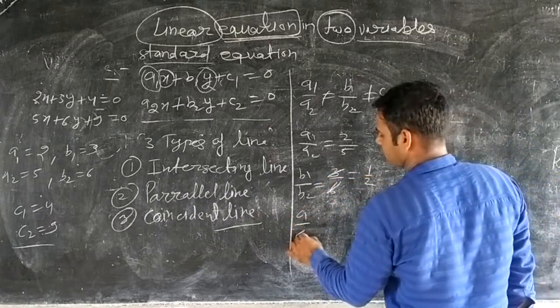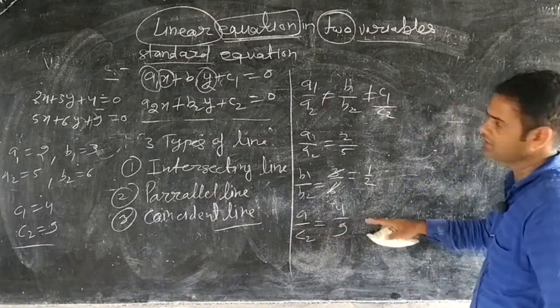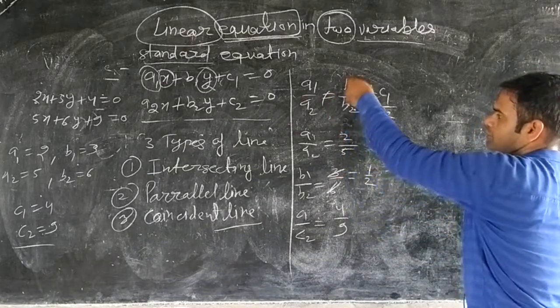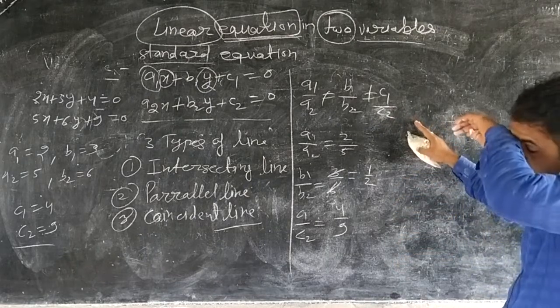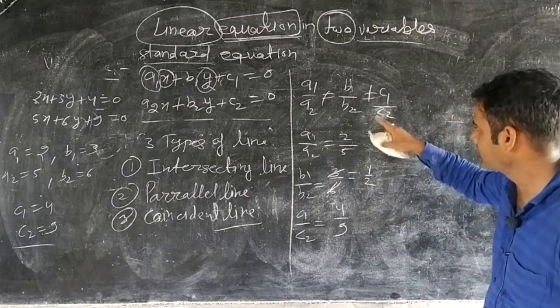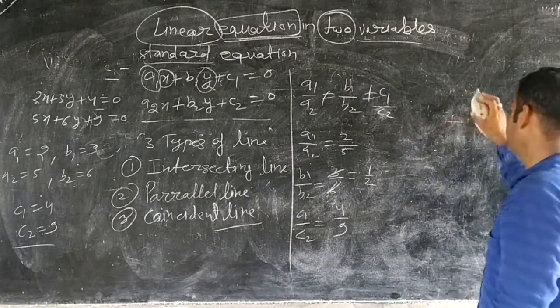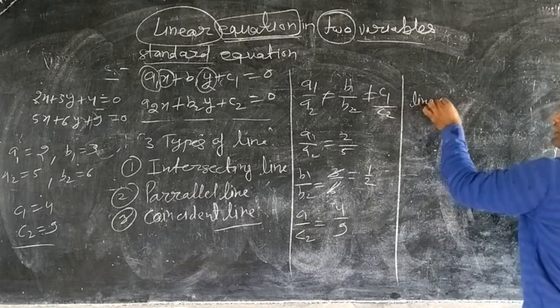And c1 upon c2 is equal to 4 upon 9. Here we can see the condition is completely satisfied: a1 upon a2 is not equal to b1 upon b2 and not equal to c1 upon c2. If this condition is satisfied, then the lines are intersecting.